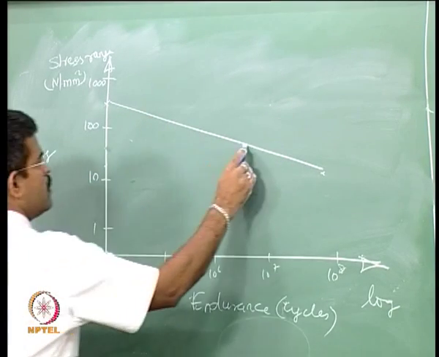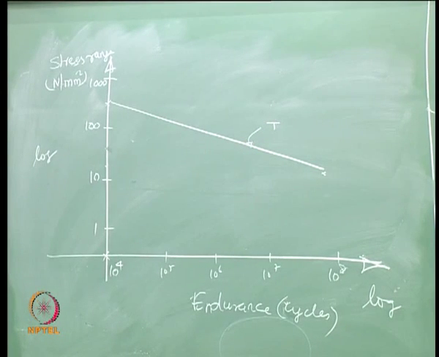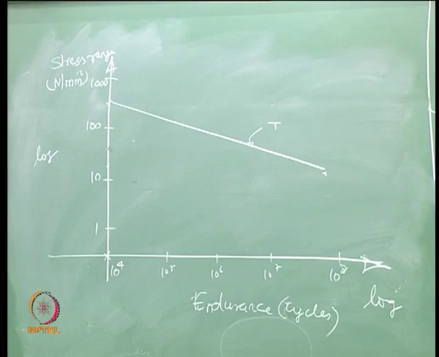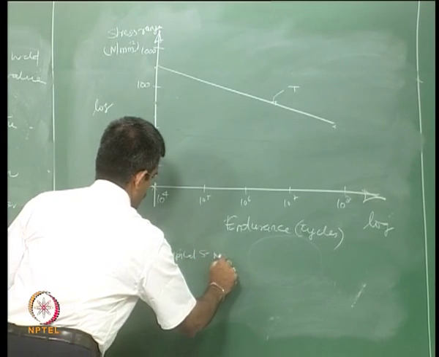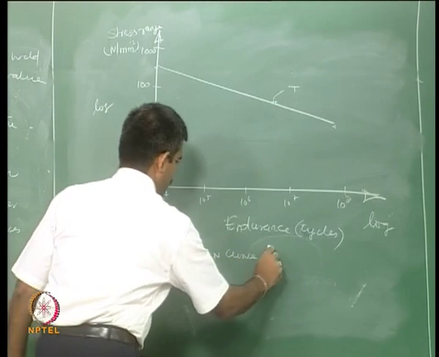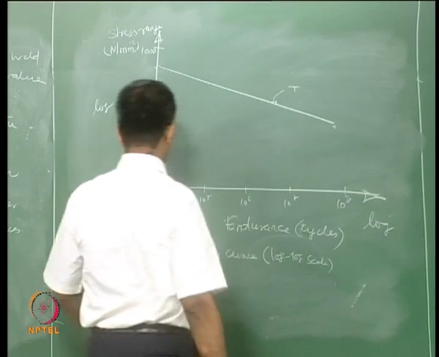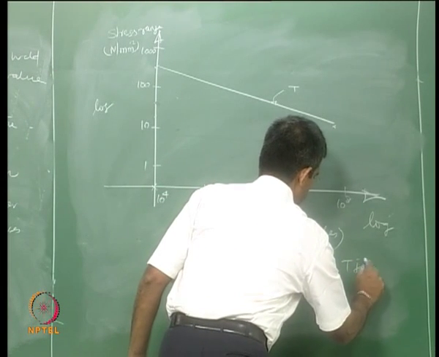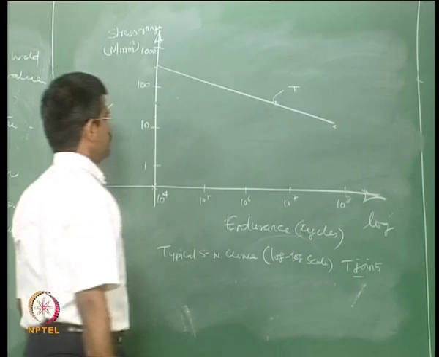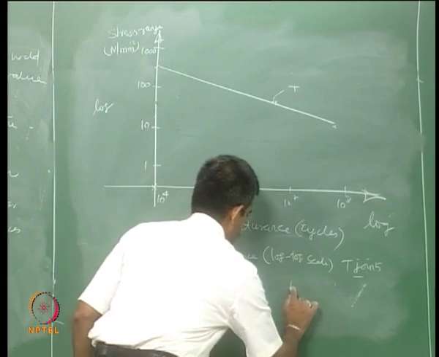It is a typical curve for T joints, plotted on a log scale. Source: UK T curves.